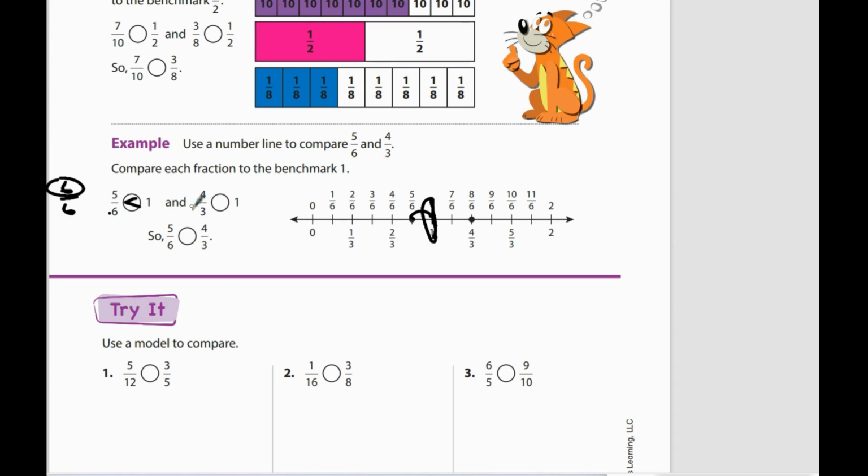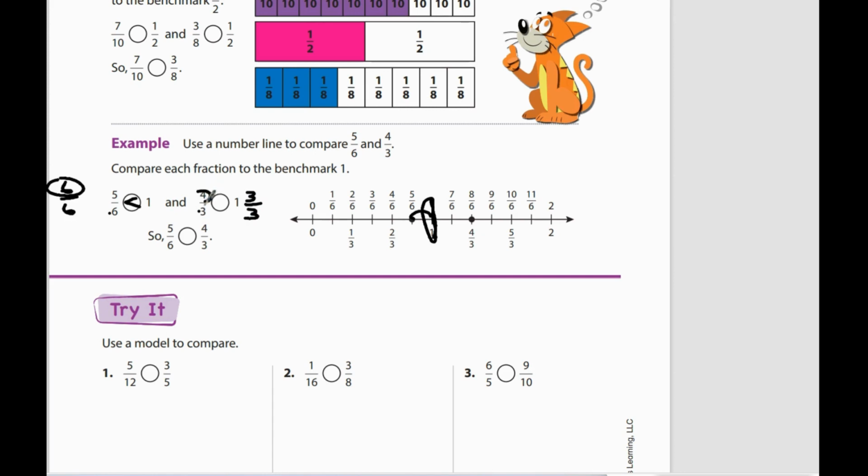Okay? If I were to compare 4/3, look at the 4. It looks a little different, right? Exactly. Because this is an improper fraction, boys and girls. If you have an improper fraction, in other words, the numerator is greater than the denominator, guess what that means? Look at the denominator. What would be a whole of thirds? 3/3 would be a whole.